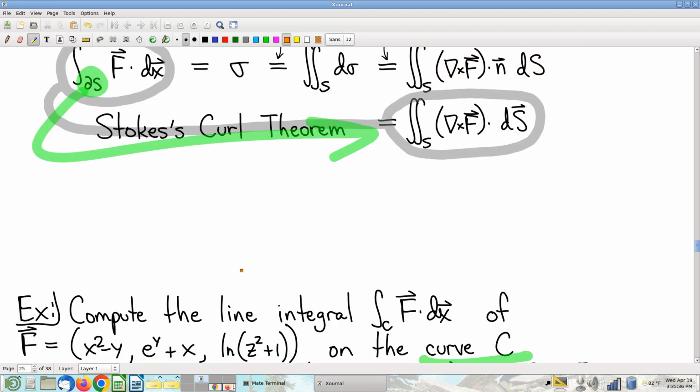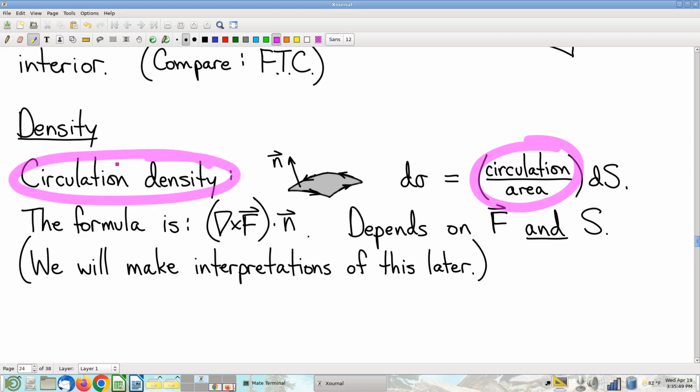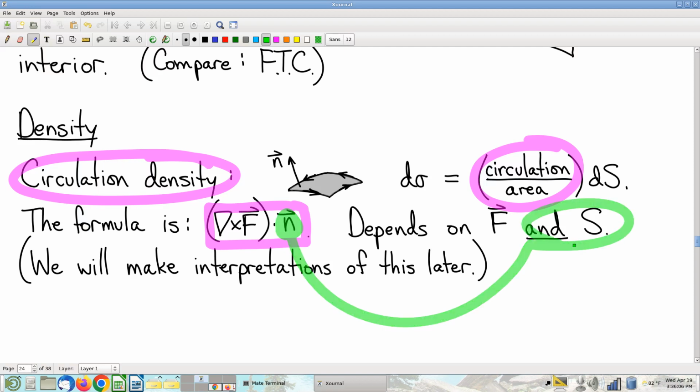Okay, so real quick, let me remind you, we had this eyebrow-raising moment last time that I made reference to, this thing here, circulation per unit area. Came up with the term circulation density, which I like very much. And then I asserted without computation that if you crank this out, compute what it ends up being, it's this formula right here. And the eyebrow-raising part is that this seems to depend somewhat on the surface.